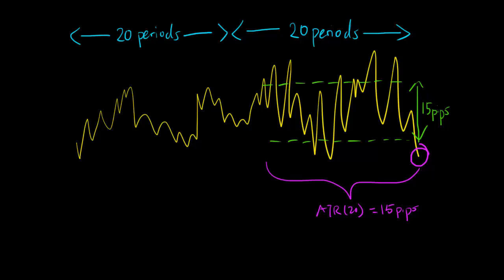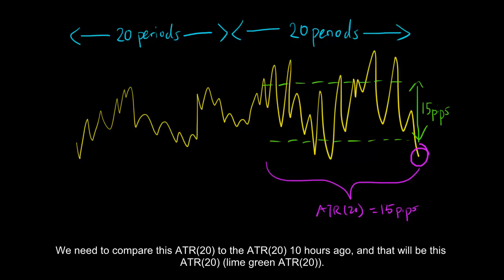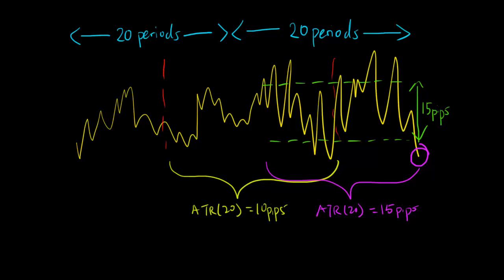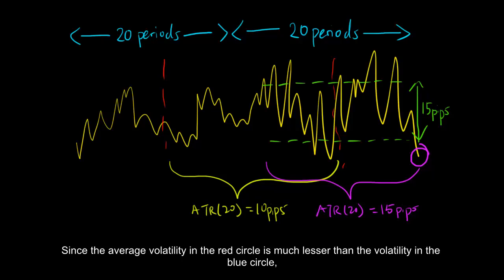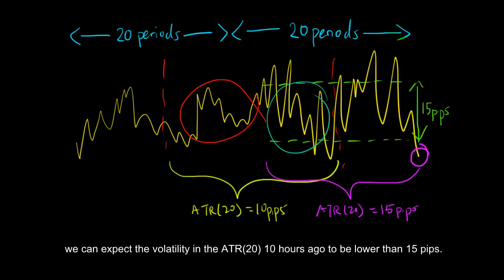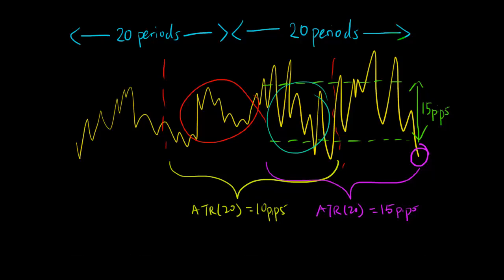Alright, we need to compare this ATR 20 to the ATR 20 10 hours ago, and that will be this ATR 20. Right now we are looking at this area here, this time zone, and because the average volatility in this area is much less than the volatility in this area, we can expect the ATR 20 10 hours ago to be lower than 15 pips.